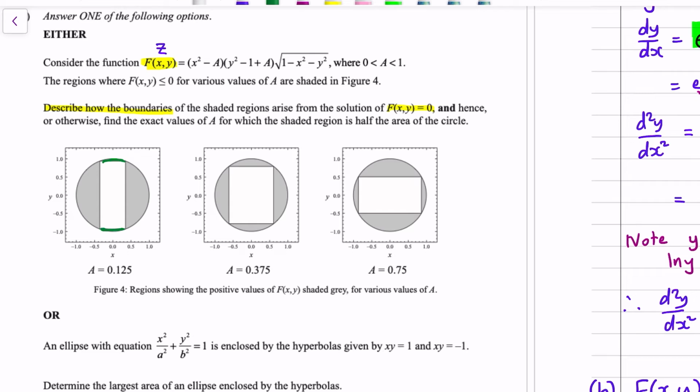In both of those cases, that's negative. And if you do a similar argument, you'll find that this is negative and this is negative. So where it says in the question, the regions where f of x is less than or equal to 0 are shaded, that is correct. And this here where it says positive, that is incorrect.